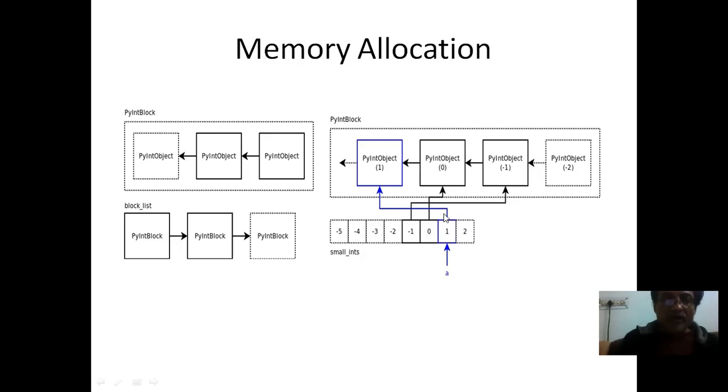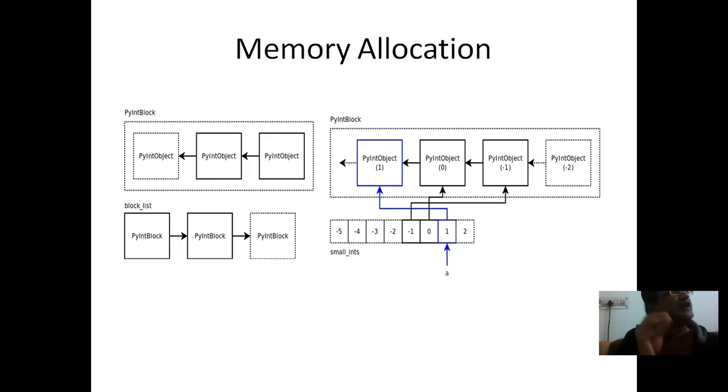So this 1 will be allocated to a PyIntegerObject. And in the previous PyIntegerObjects, you will find one allocated to 0, one to -1, one to -2. So it will be easier for the computer. The value is 1, so it is a small integer and its corresponding address will be this. This way it can find it out. That's why I've shown you.